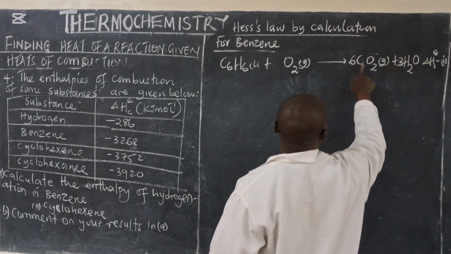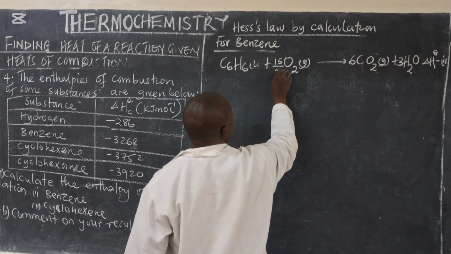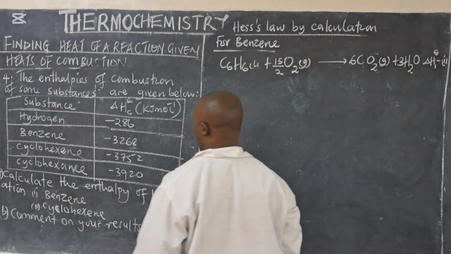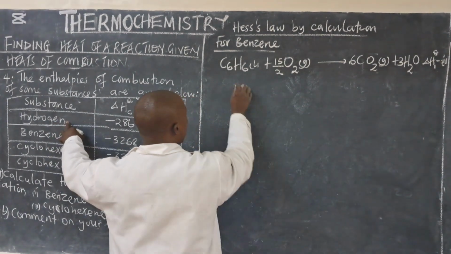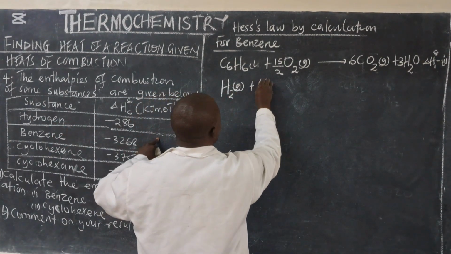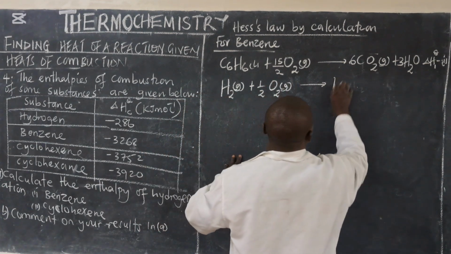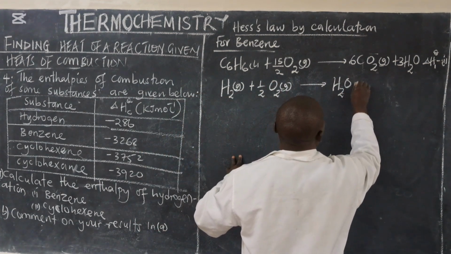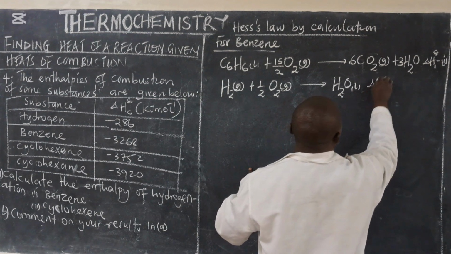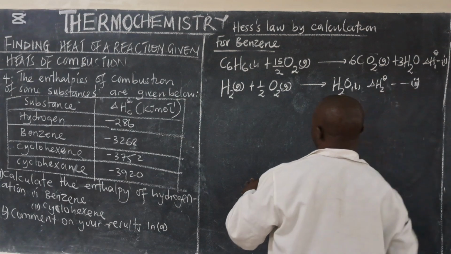So making oxygen, this is 12 plus 3, 15. So that's going to be 15 out of 2. Now let's also write for combustion of hydrogen. So hydrogen plus oxygen, I'm writing as balanced. This gives us water as a liquid. So this is going to be heat 2, and I'm calling it equation 2 here.